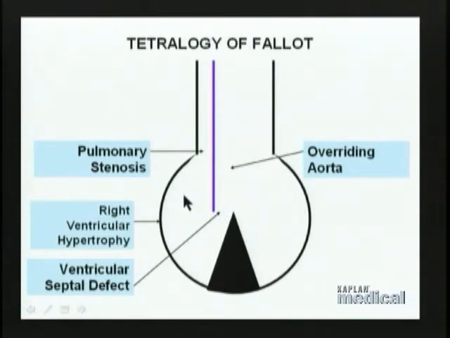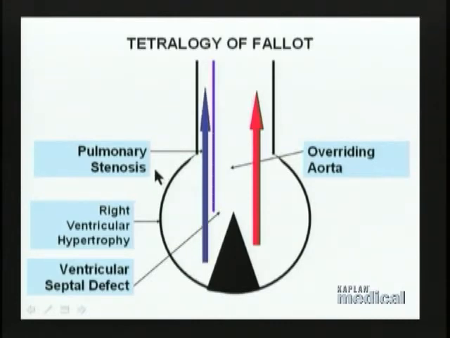Now, as a result of this defect, what we can see happens is that the oxygenated blood from the left ventricle certainly is able to flow out to the aorta. But the deoxygenated blood that's in the right ventricle, some of it will be able to get out into the pulmonary trunk, albeit through a narrowed opening, but a whole lot of it is going to get shunted from the right ventricle through the ventricular septal defect into the overriding aorta, and therefore mix with the oxygenated blood.